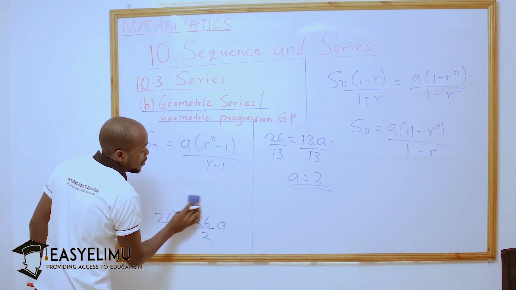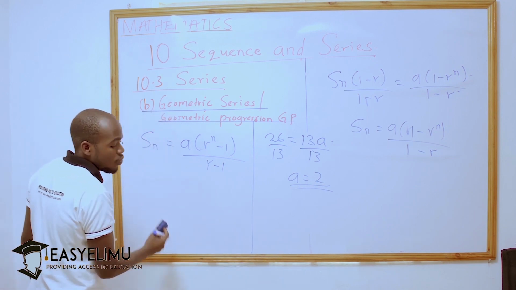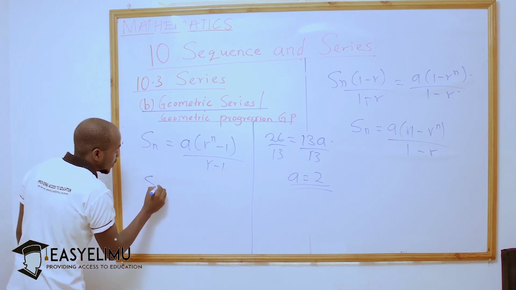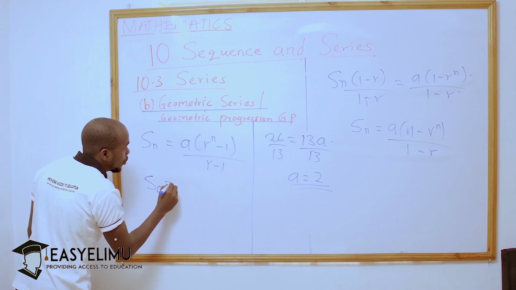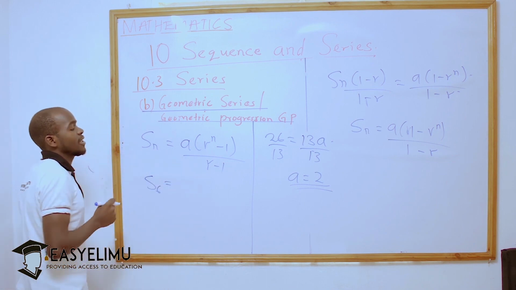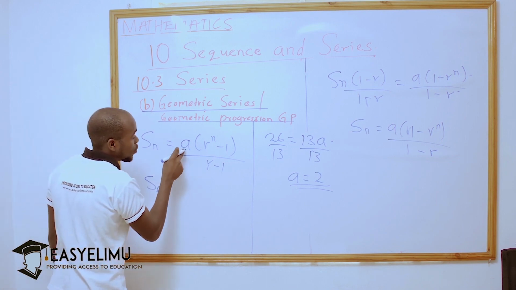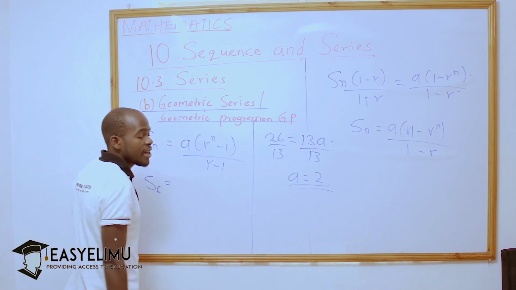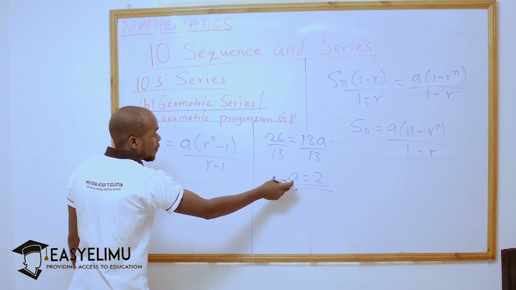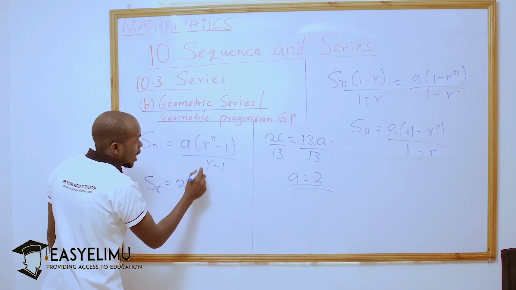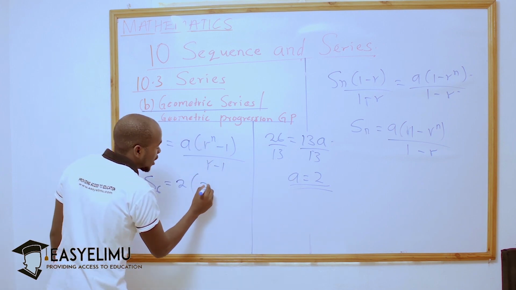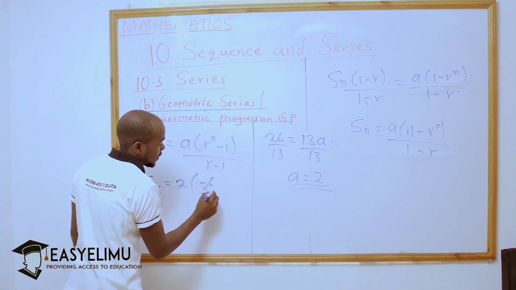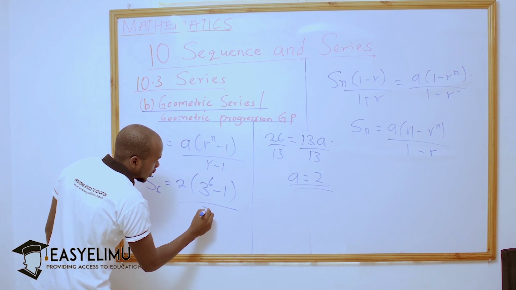We have used the formula to find the first term. So we need to find the sum of the first 6, whereby n is 6. If that is the case, we shall use this formula where there are letters, we represent them by the real values: first term is 2, R we were given is 3, and n we have been given is 6, so n will be 6 minus 1 over 3 minus 1.